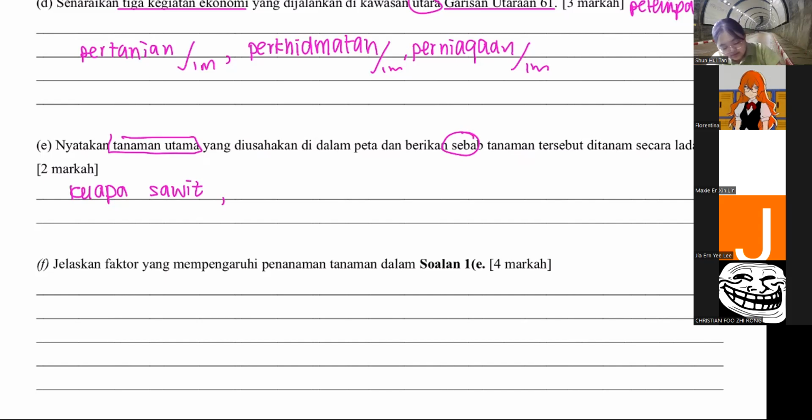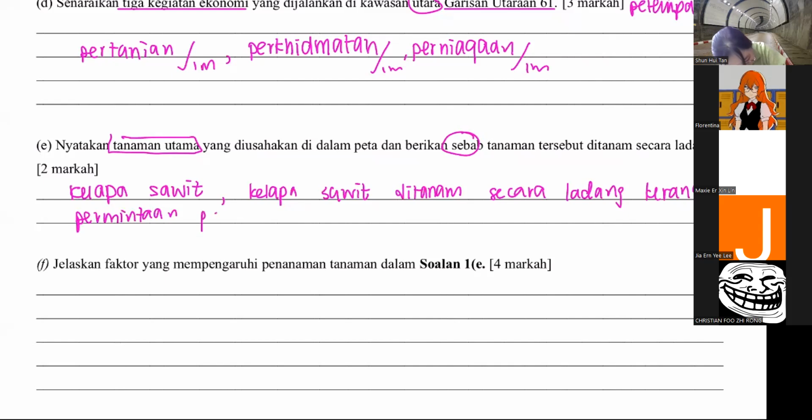So you can say kelapa sawit ditanam secara ladang kerana permintaan pasaran yang tinggi. Because a lot of demand.